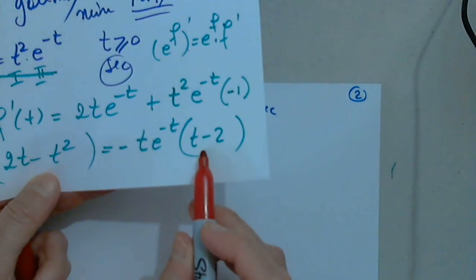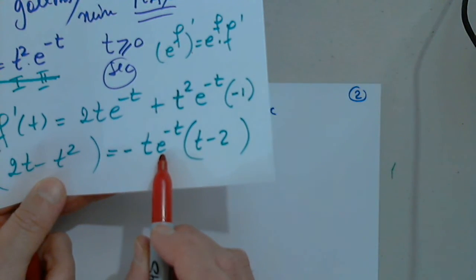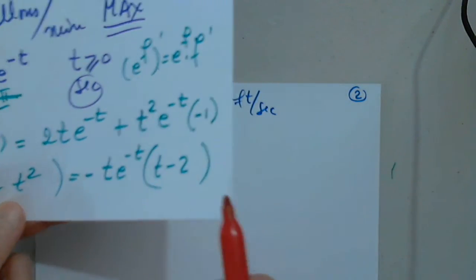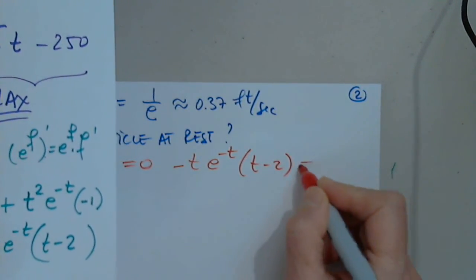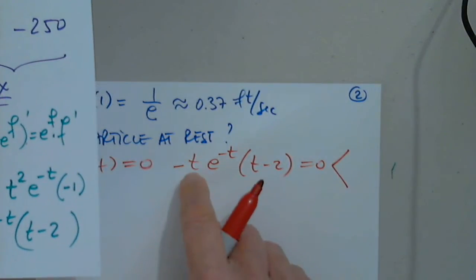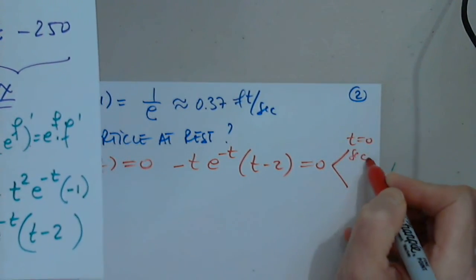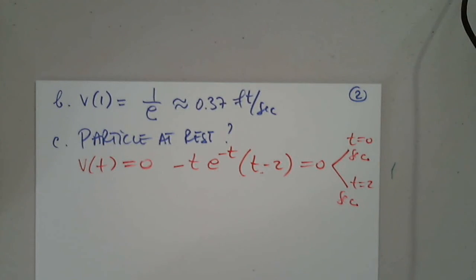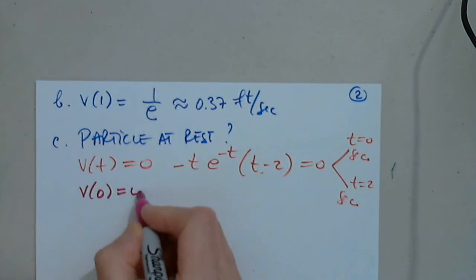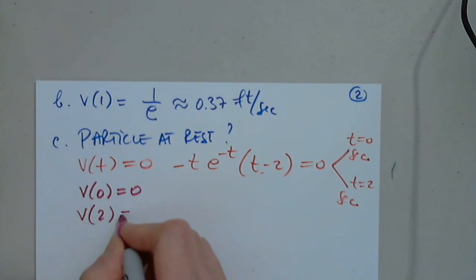When t is 0 and t is 2. Because this can never be 0. So -t e to -t, t minus 2 equals 0. There are only two options, t equals 0 seconds, and t equals 2 seconds. Any questions on this? Don't be shy, please. Okay, so then we know now that v of 0 is 0 and v of 2 is 0.